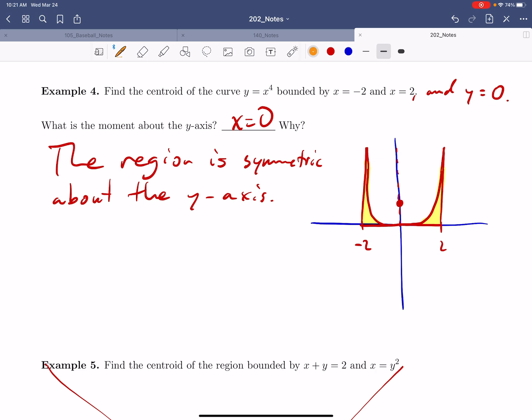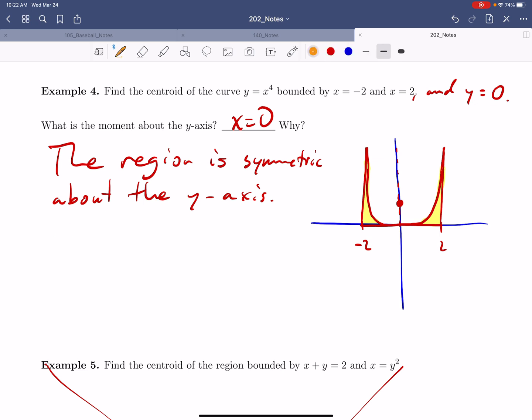Let's just show it anyway, just to be crystal clear. x bar is going to equal the integral from, well, they told us the bounds, -2 and +2.